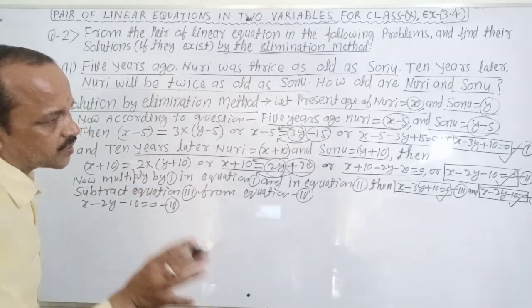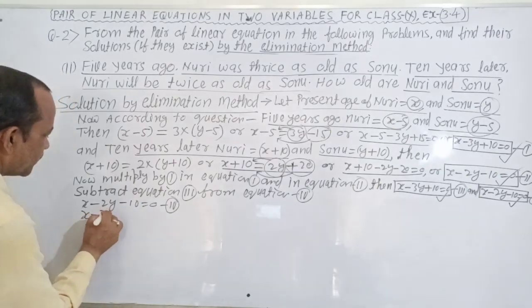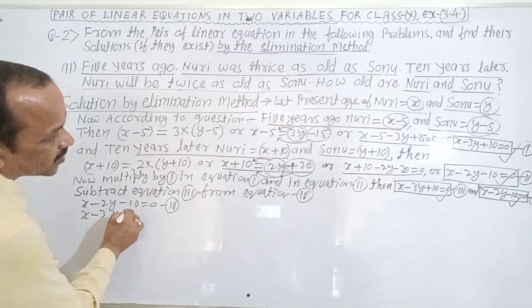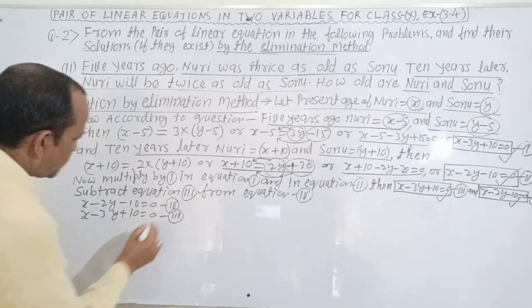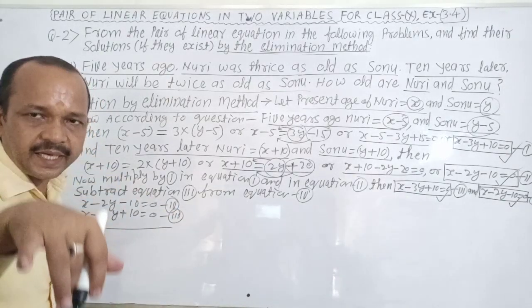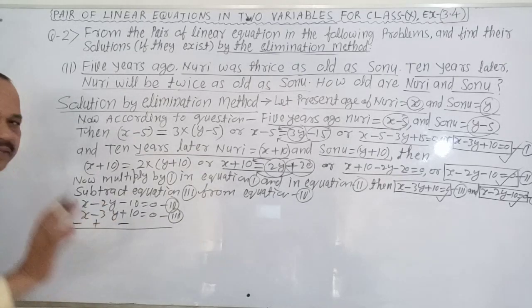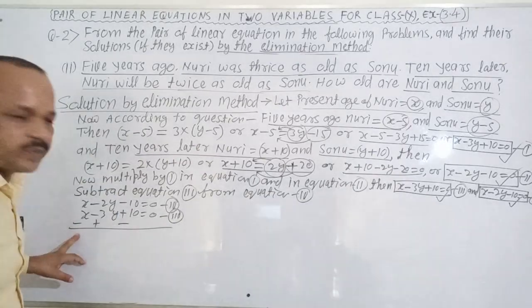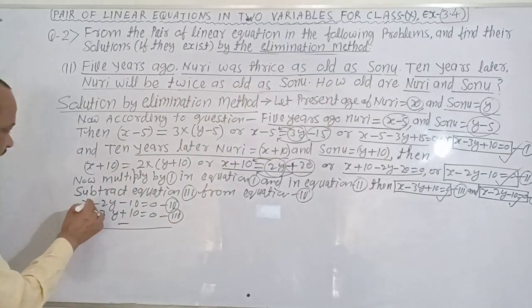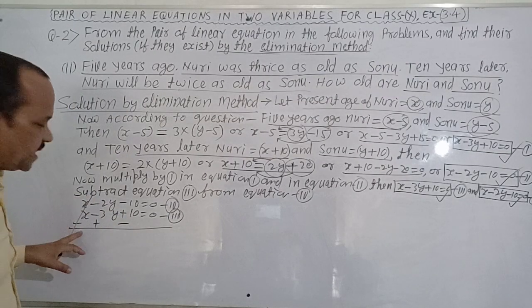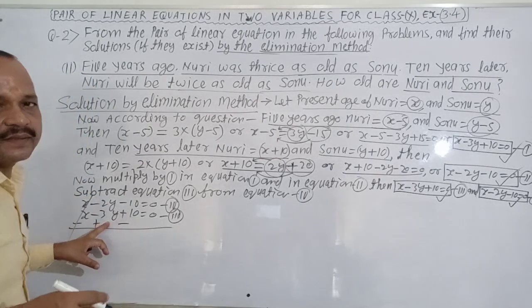Equation third is x minus 3y plus 10 equal to 0. Draw a line and change its sign. Here minus, here plus, here minus. Clear? Here plus, so you write minus. Here minus, so you write plus. Here plus, so you write minus. You can cut plus x minus x. Clear?